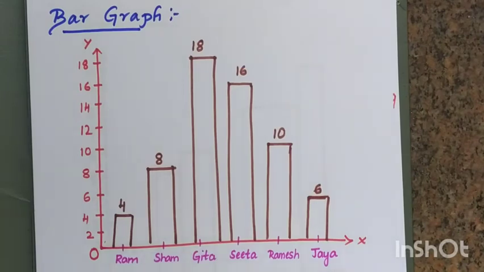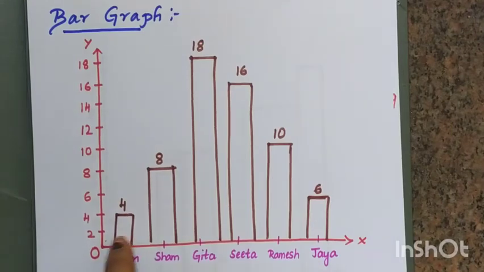In bar graph, we will have the x-axis and the y-axis. The x-axis will be the horizontal line and the y-axis will be the vertical line. Actually, in the bar graph, the breadth should be the same for every bar.